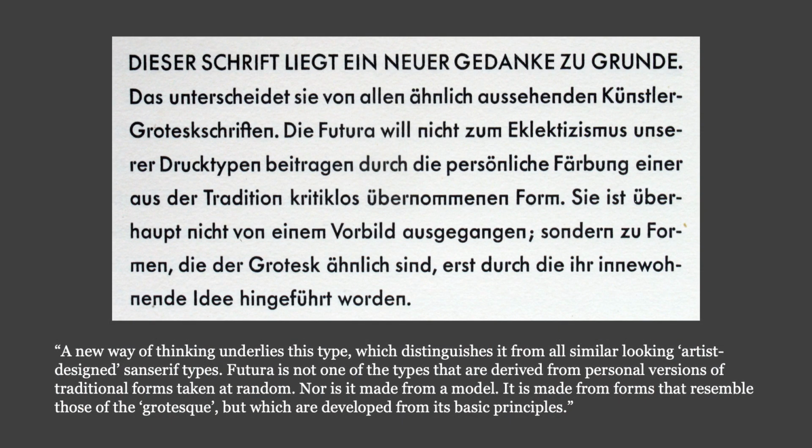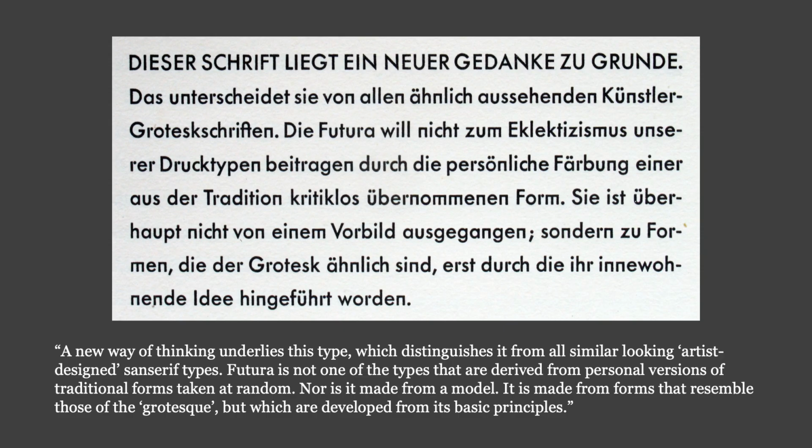Like many designers in Germany, Renner thought he had to explain what he was doing. So he says this is the result of a new way of thinking. It's developed from the basic principles of the sans serif.